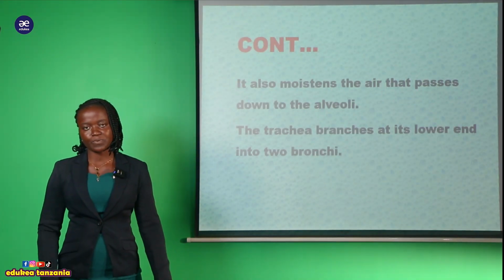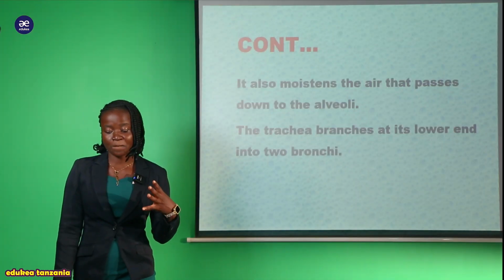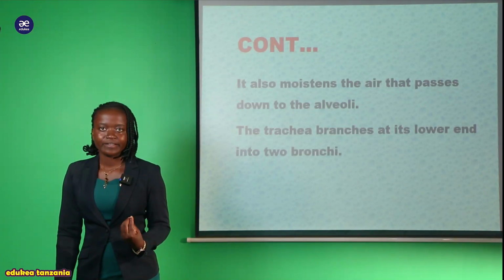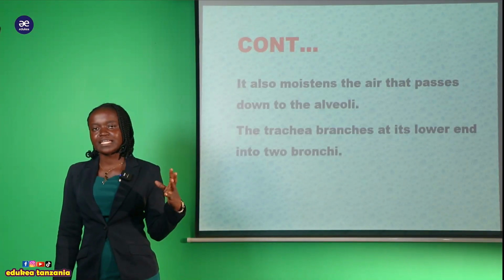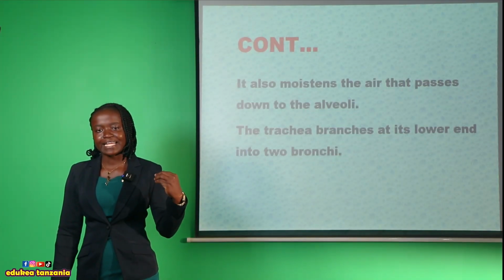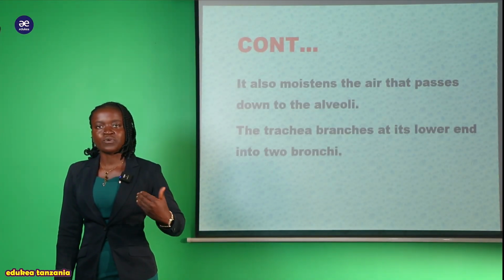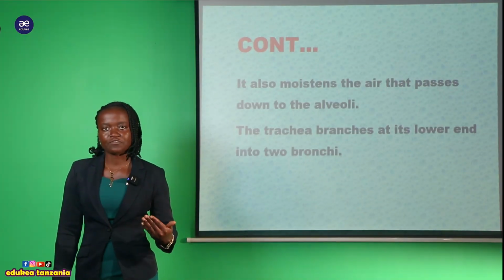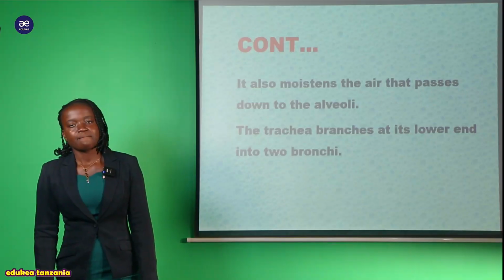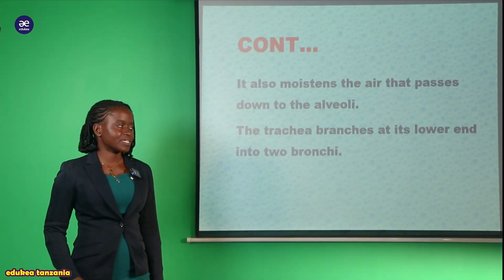So ile mucus ambayo inaproduced pia inasaidia moistening the air. Ile hewa inakuwa na hali ya unyevunyevu, inatakiwa ingie ndani ya alveoli ikiwa na hali ya unyevunyevu. So that moistening condition, where does it come from? It comes from the mucus that is produced by the goblet cells.